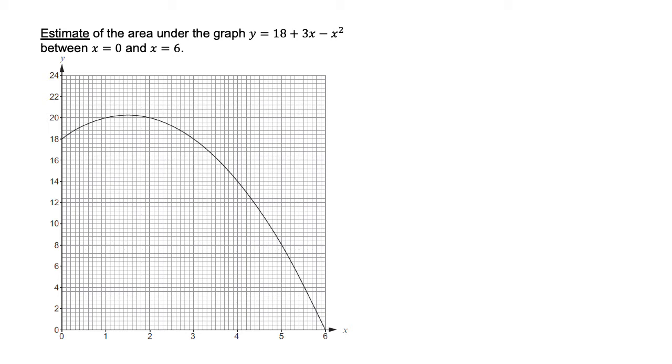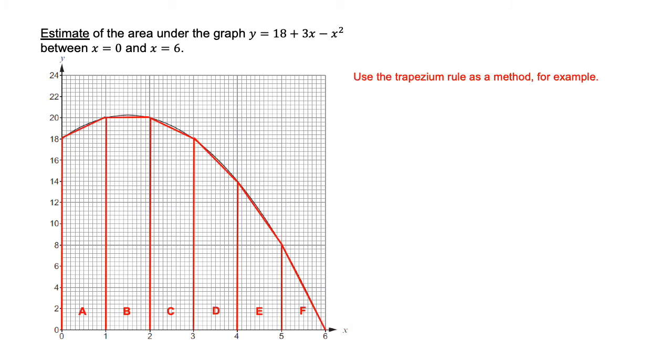If I was going to ask you to work out the area under the graph, in this case it's y equals 18 plus 3x minus x squared, and I want you to work out the area between the x values 0 and 6, what you learnt in your GCSE course was to split the graph into strips and make them into essentially trapeziums, and at the end here you can see it's a triangle, but it's using the trapezium rule. So this method you are in theory aware of.